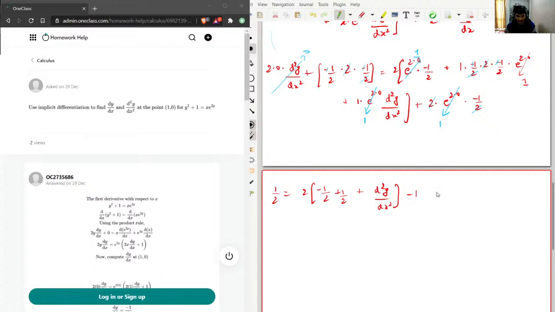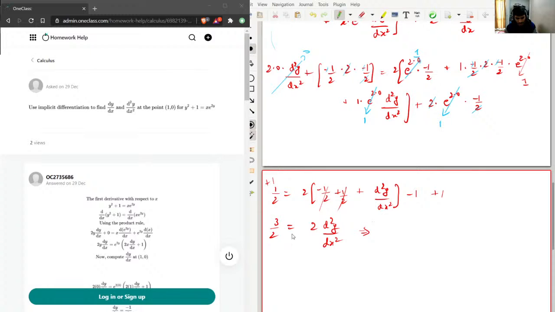So I can add 1 on both the sides, and after adding this will become 3 by 2 equal to 2 times d square y by dx square.